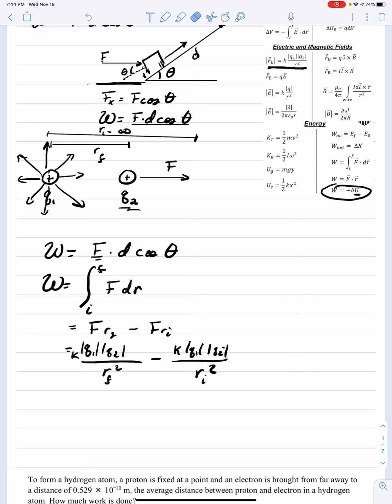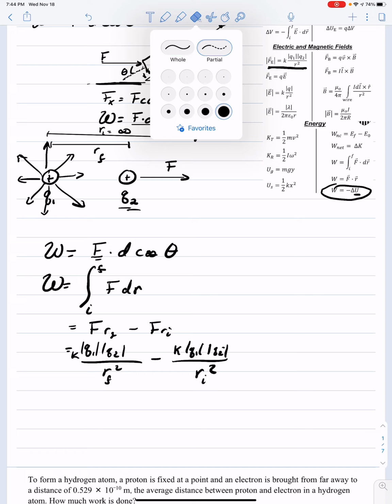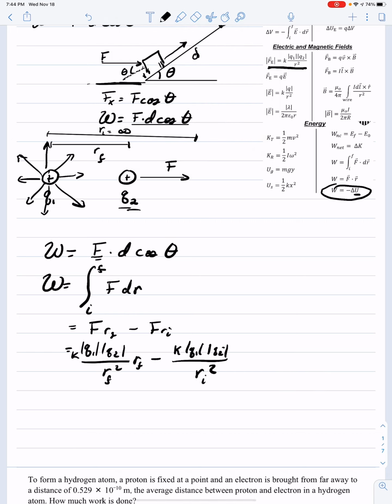And I forgot one extremely important thing, which is to multiply it by R final here and R initial here. Very much, you see, this is F. This is the distance. This is F. This is the distance.